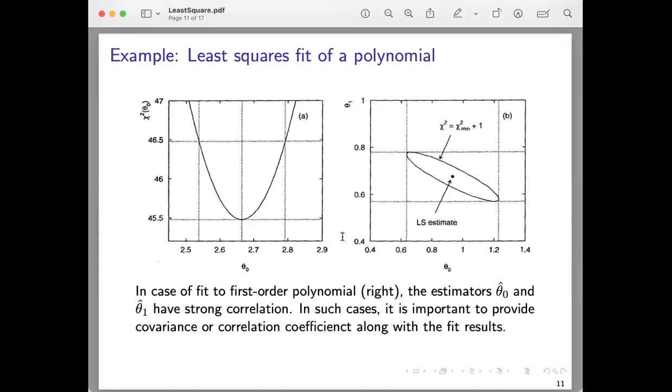So when such a correlation is observed, it is important that when you provide the fit results, you not only provide the errors on the individual parameters, you also provide their covariance or the correlation coefficient.